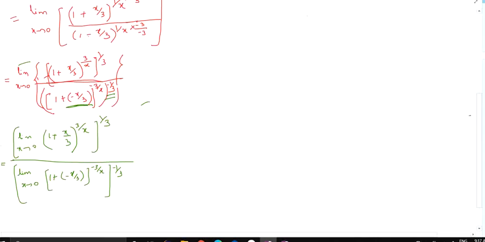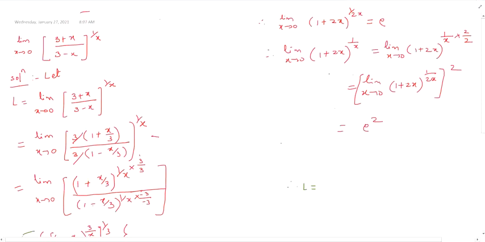So let us see how to write the result for this one. Therefore L is equal to limit x tends to 0 of (1 plus x) raised to 1 by x, which is equal to e, very good, and e raised to 1 by 3. Don't forget this one.